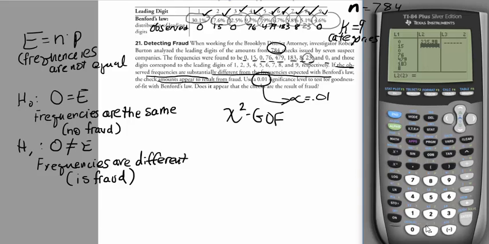And then the next one is 784 times 0.176. And the next one is 784.